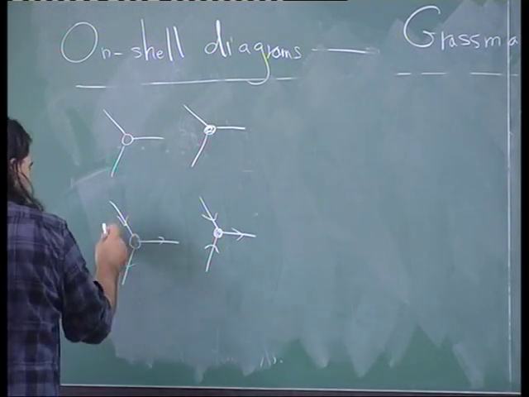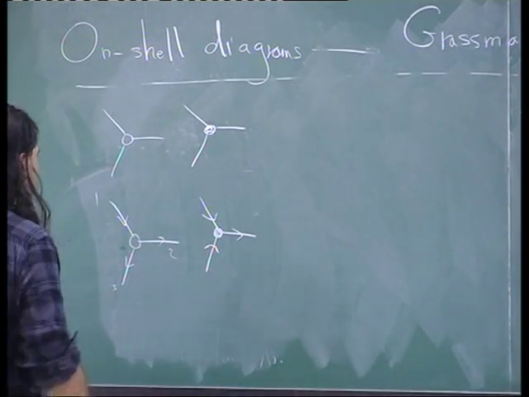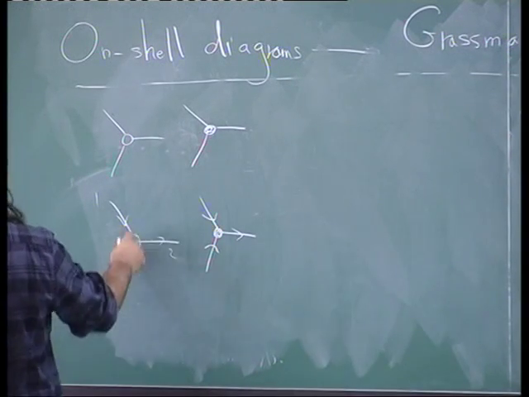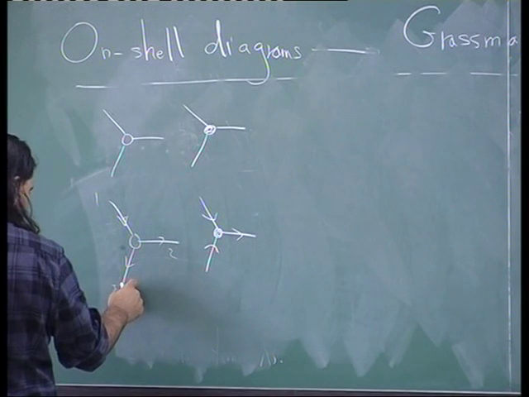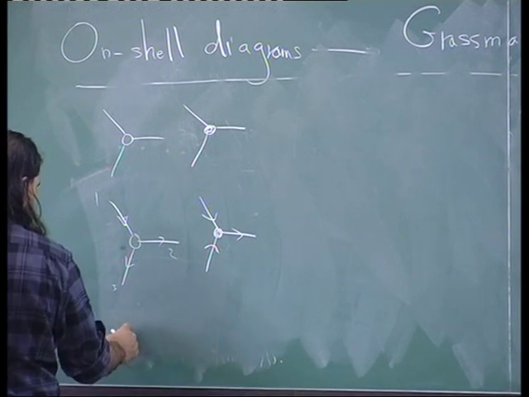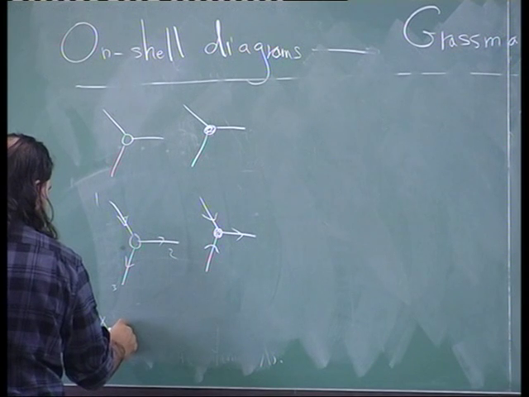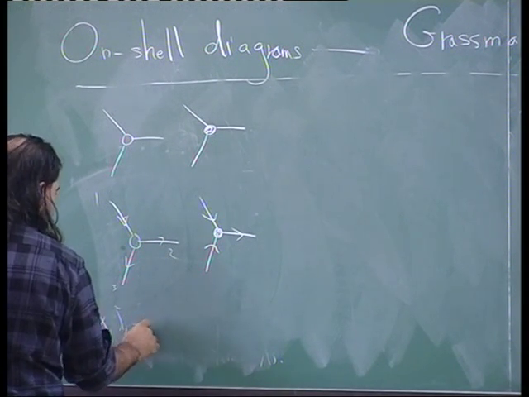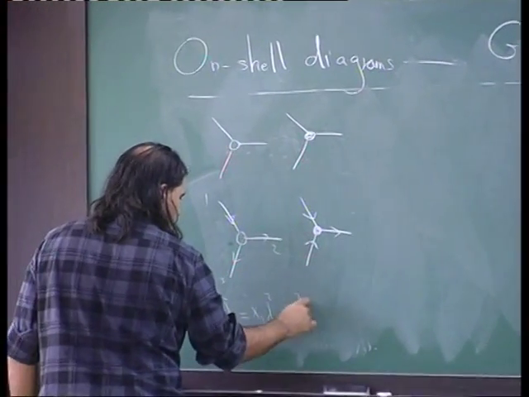If this is, I don't know, 1, 2, 3, the way I'm going to write down that one equation is, let me write it like this: x1 lambda tilde 1 is equal to x2 lambda tilde 2 plus x3 lambda tilde 3.